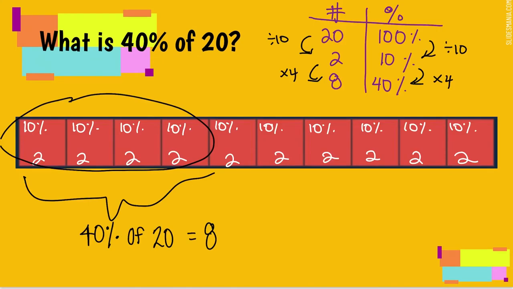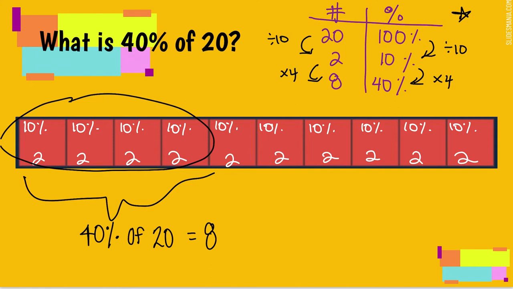All right, you guys, welcome back. Notice our strip diagram. We knew that 20 represented 100% of our number, which we've connected up here to our knowledge of ratio tables. So then from there, on the previous slide, we actually went from our 100% to understanding that 10% of 20 was 2.